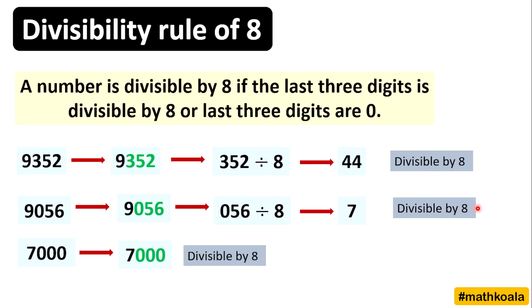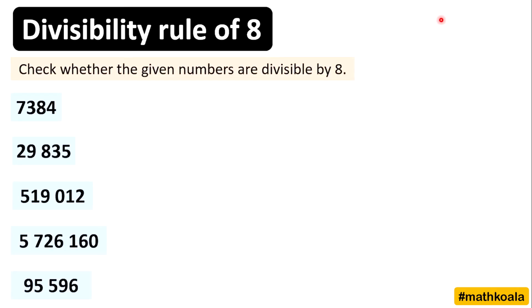Now look at this activity. Check whether the given numbers are divisible by 8. First number is 7384. Last three digits of the number is 384.